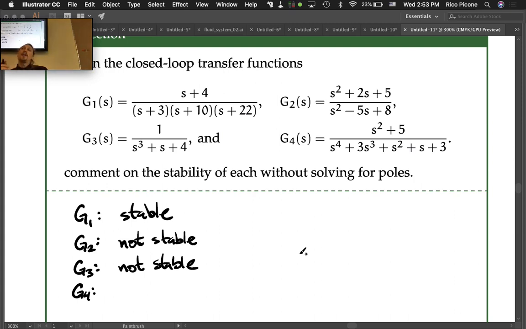It meets all the necessary conditions for B for it to be stable. But is that sufficient to let us conclude that it's stable? It's not sufficient. So we would say it's maybe stable. We would need further investigation.